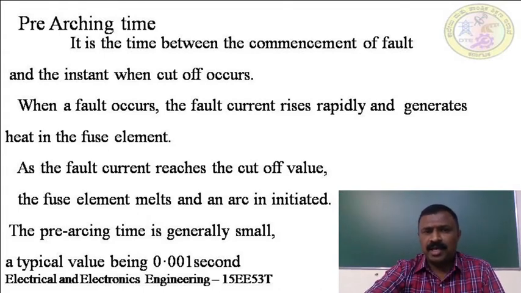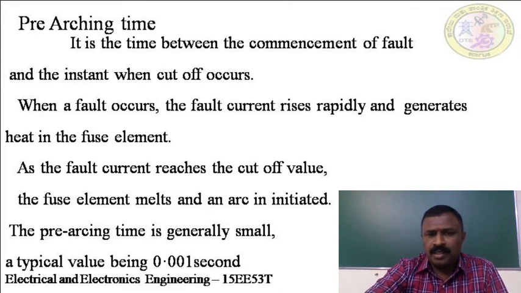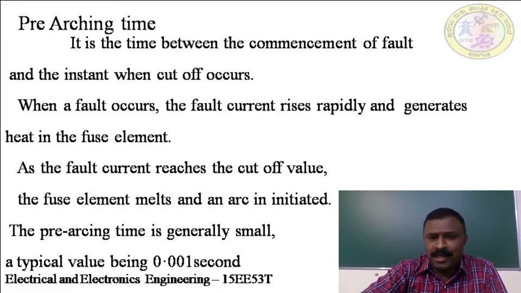When a fault occurs, the fault current rises rapidly and generates heat in the fuse element. As the fault current reaches the cutoff value, the fuse element melts and an arc is initiated. The pre-arcing time is generally small, typically 0.001 second.